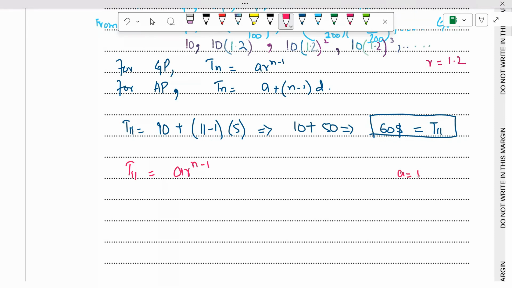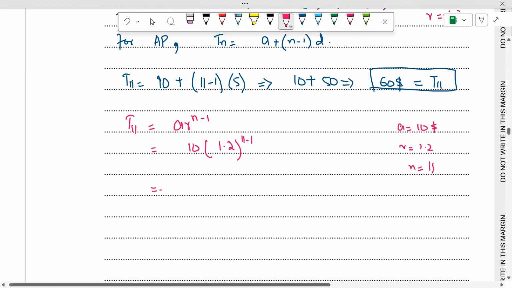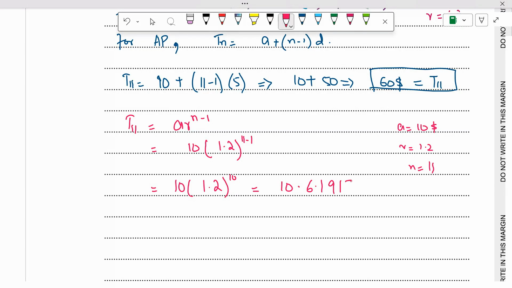Here a is $10, the first term, r is 1.2, and n is 11. Plugging in these values, we have 10 times 1.2 to the power of 11 minus 1, which is 10 times 1.2 to the power of 10, which is equal to 10 times 6.1917.